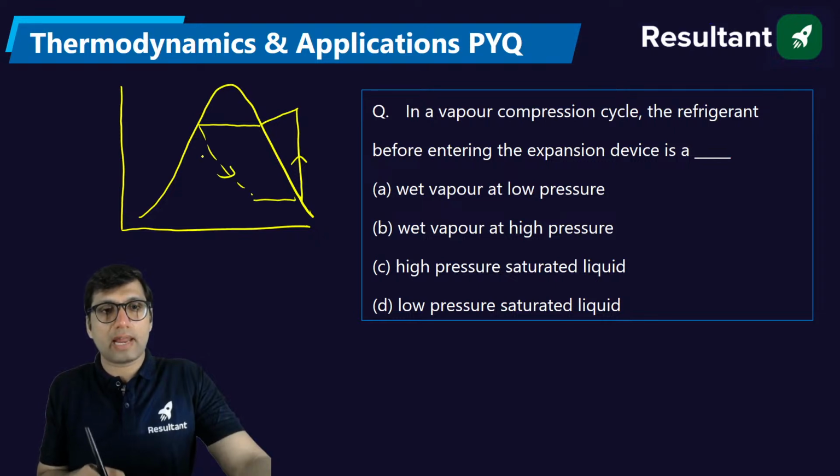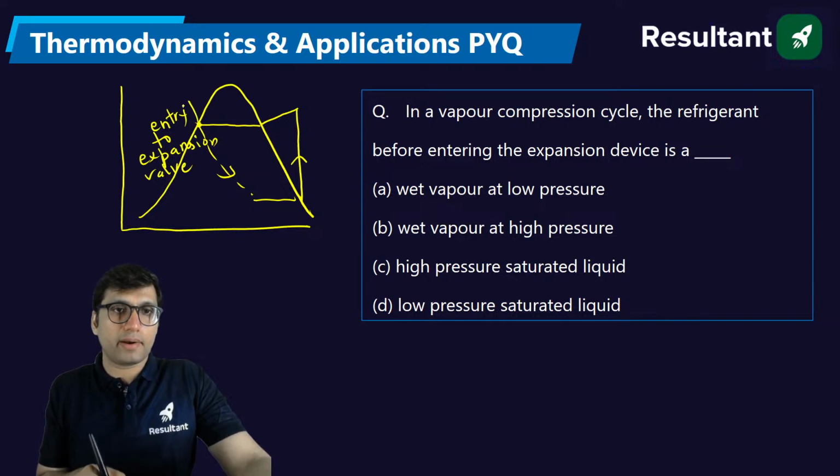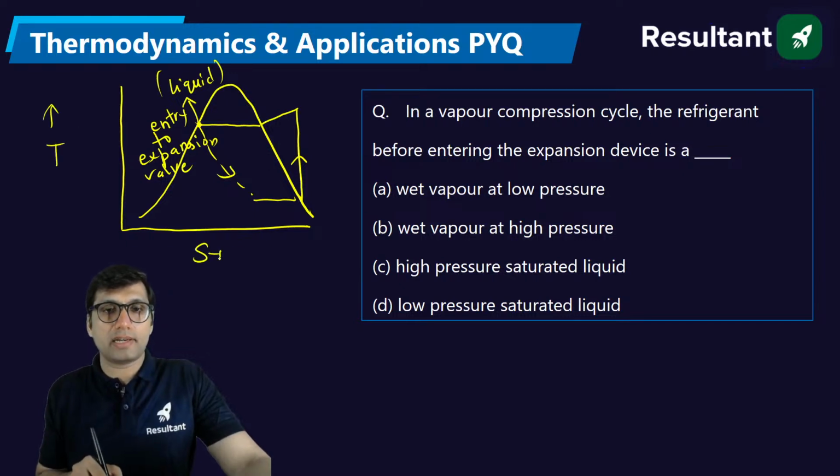If this is the entry to the expansion valve or expansion device, remember? At this particular point where the entry takes place, we have a liquid, right? And that liquid is a high pressure liquid, high pressure saturated liquid.